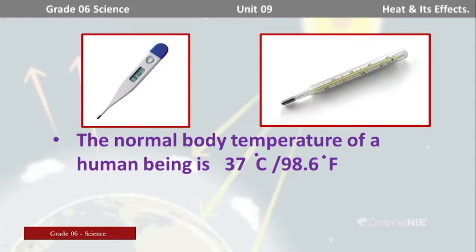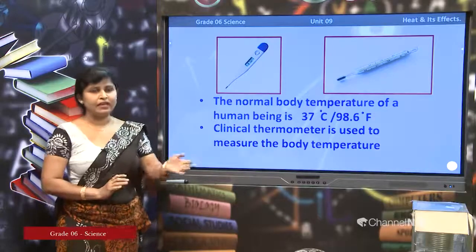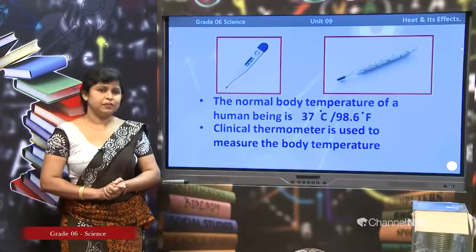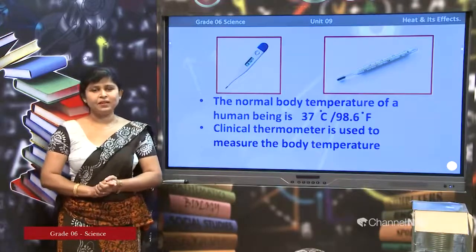It is similar to 98.6 degrees Fahrenheit. A clinical thermometer is used to measure the body temperature. So you saw that there was a mercury thermometer and an alcohol thermometer, but we can't use them to measure our body temperature, right? To measure the body temperature, we need a clinical thermometer.